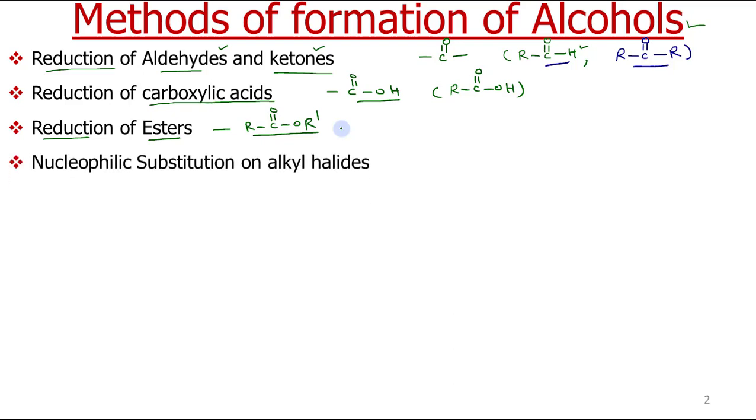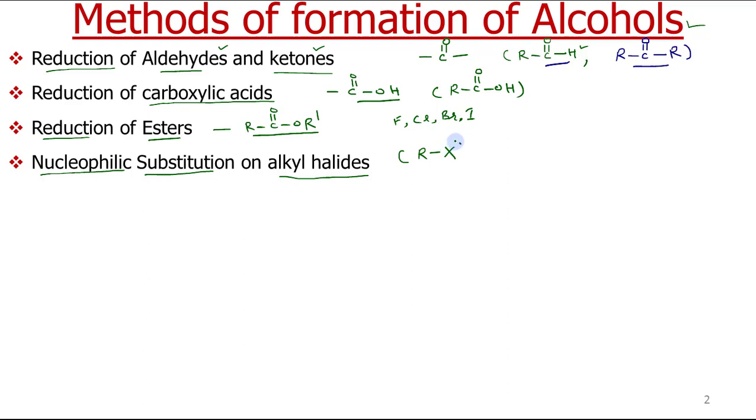And next method, very important, all of you have also studied in your lower classes, is nucleophilic substitution on alkyl halides. Alkyl halides are those compounds which have a halogen functional group X. X can be Cl, Br, iodine, fluorine, etc. These compounds are called alkyl halides.